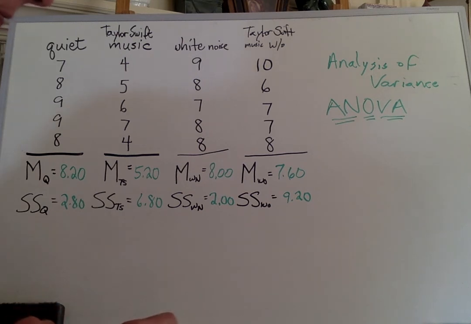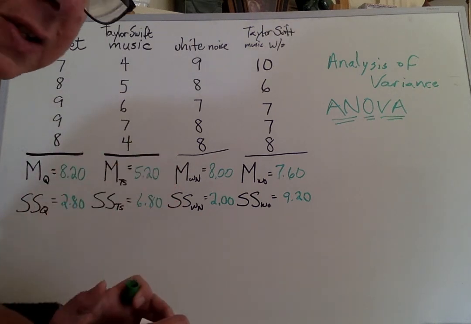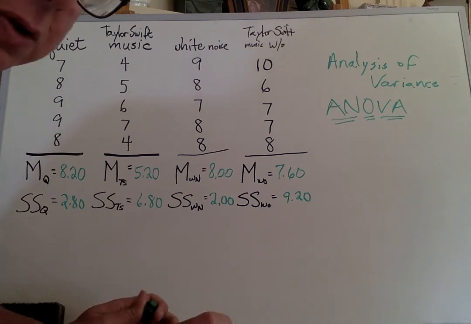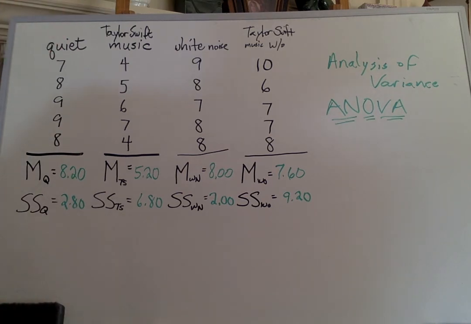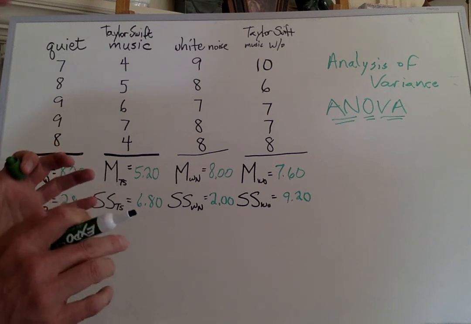All right, now I want to explain the conceptual basis of analysis of variance, which I am likely to ask you about in an exam. We'll get into the computational afterwards, but here's the conceptual basis of this statistic.